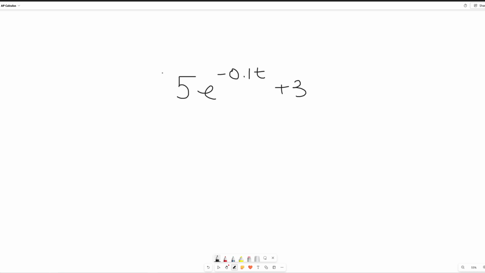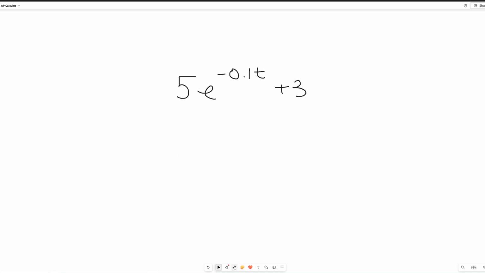So at t equals 0, her position is at 8. She starts at 8. At t equals 10, her position is going to be probably around 5. And then at 20, it's going to be around 3 point something-ish.